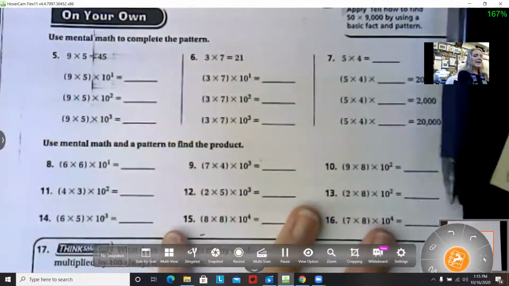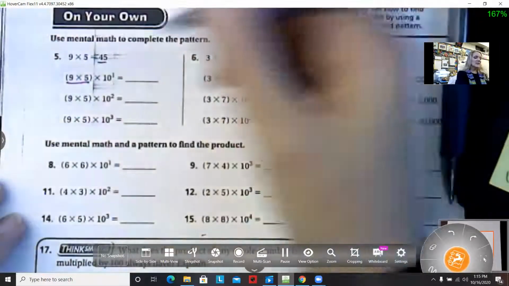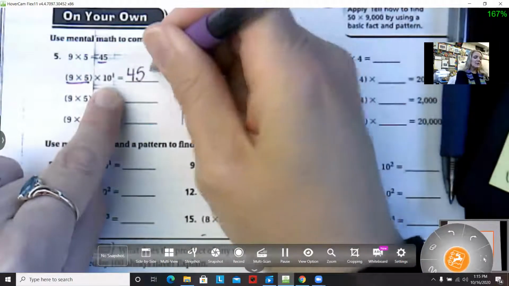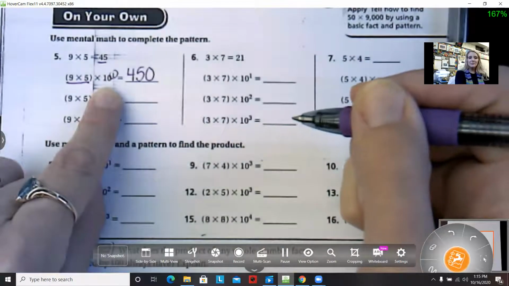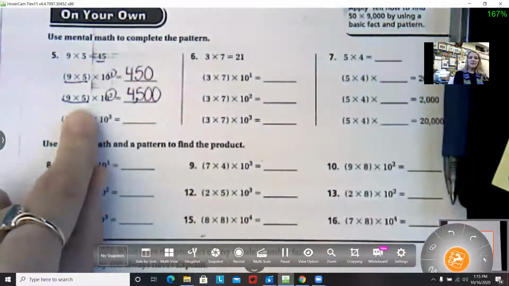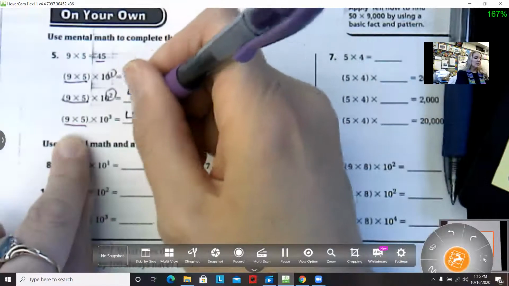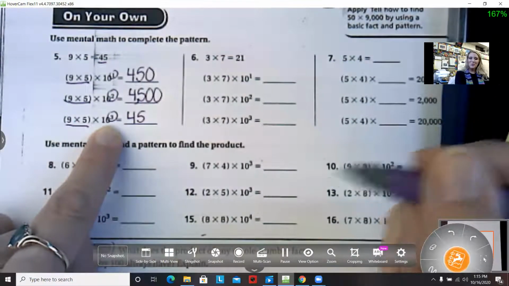So let's see, 9 times 5 we see is 45. So here's 9 times 5. We have to write down 45 times 10 to the first power, which means we just add that 1 zero because it's just times 10. 9 times 5, again 45, and add 2 zeros to the end. Go back and put your comma, 4,500. 9 times 5, let's write 45, and how many zeros do we add here? 3, very good.